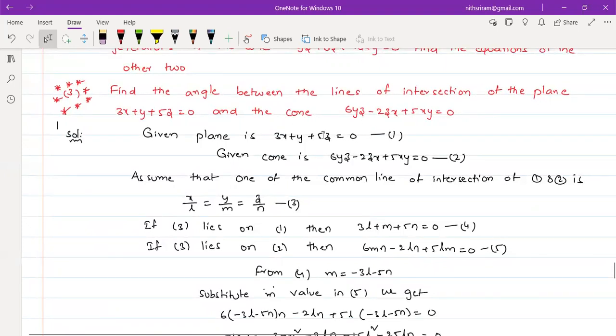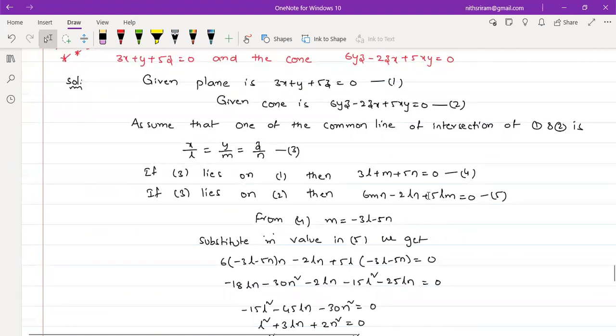Further, we have to write the plane equation and the cone equation, and I am supposing that one of the line equations, I mean the common line found by the intersection of 1 and 2, is x by l, y by m, z by n. After that, we have to substitute x, y, z values in equation 1 as well as in equation 2. By substituting those values, we get two equations.